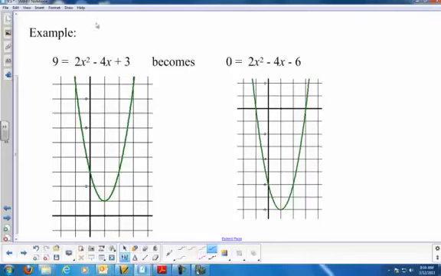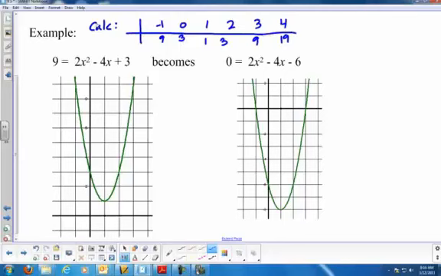So the calculator gave us negative 1, 9, 0 giving us 3, 1 giving us 1, 2 giving us 3, 3 giving us 9. Probably the easiest method. So this is where it's equal to 9.